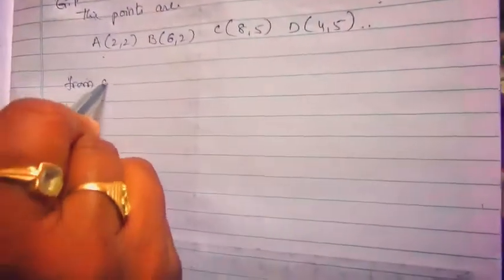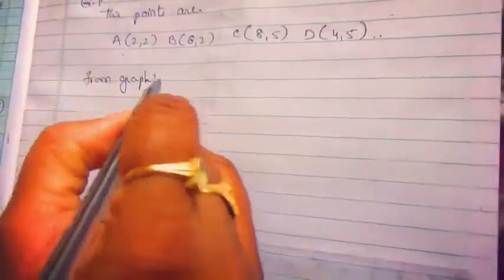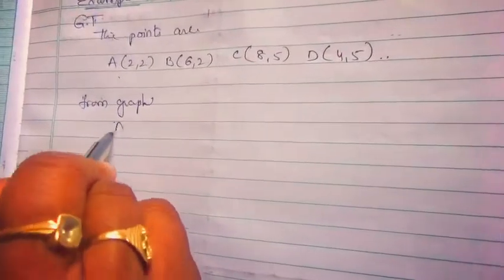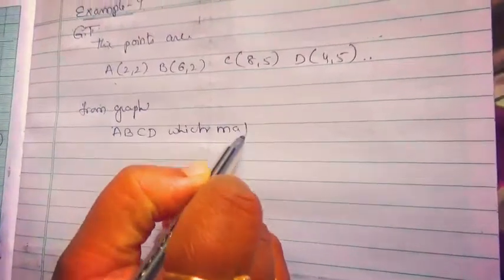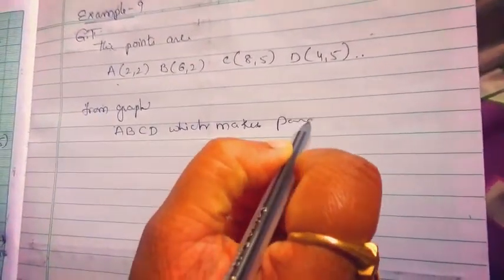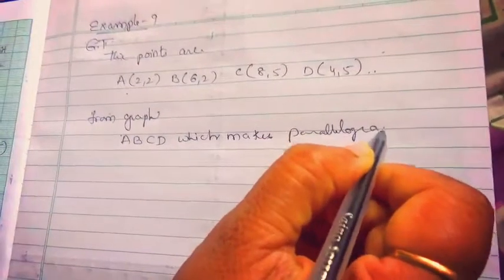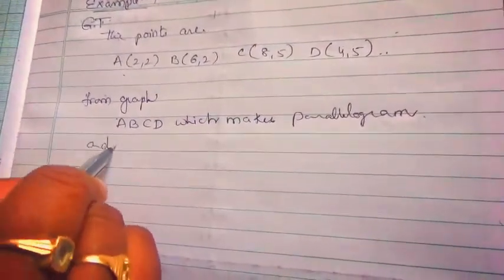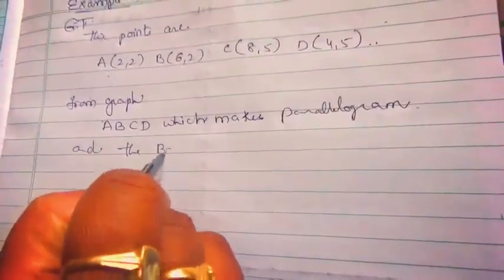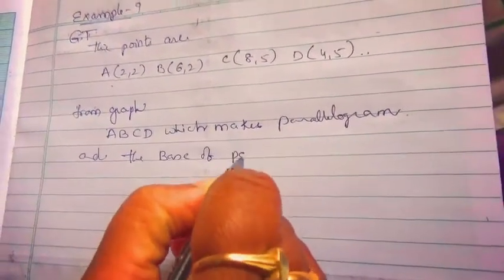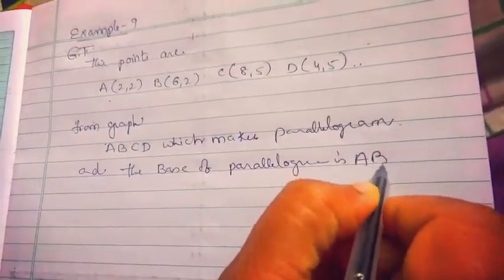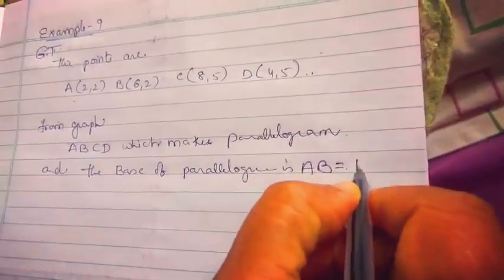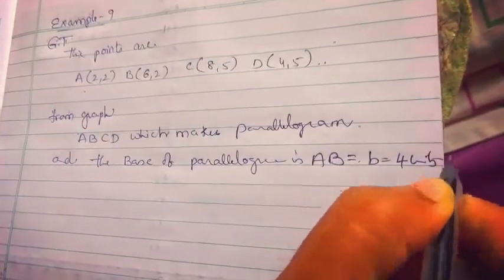So the parallelogram from the graph ABCD has base AB equal to 4 units.